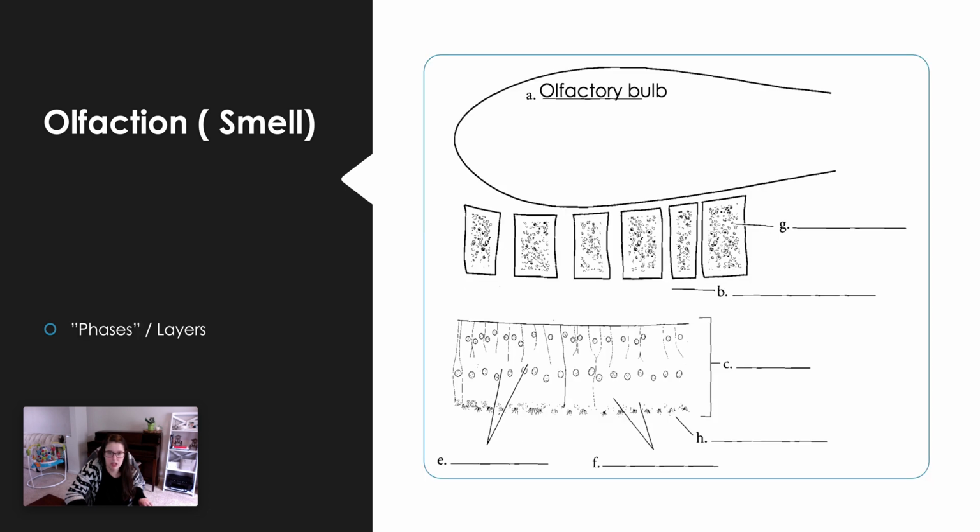All right. So here's our olfactory bulb, right? This is part of our brain. It's a little antenna on the bottom of our brain. And we know that our brain sits in the skull, right?